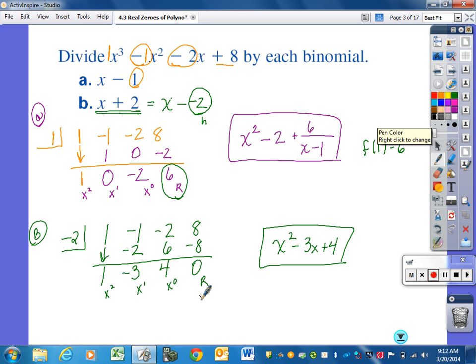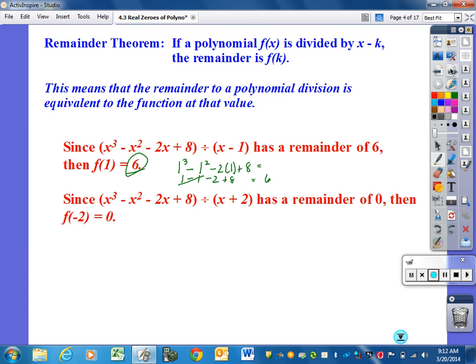Here my remainder was 0. My h was negative 2. So f of negative 2 would equal 0. I would not even have to plug numbers in to figure it out. I could just synthetic divide. So when you're asked to use the remainder theorem to prove if something's a factor, you will just stick in your h value and see what value it is.